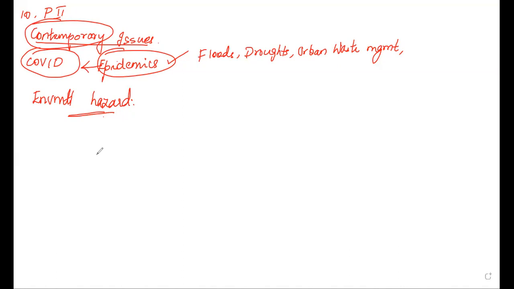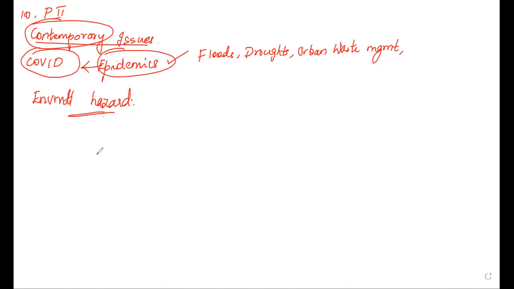Physical assets, for example, if my buildings are going to be destroyed, if my life is under threat, or if there is large-scale destruction of land. Like a landslide that has destroyed an entire forest or an entire mountain. If natural assets, physical assets or human life are under threat, that is called an environmental hazard.